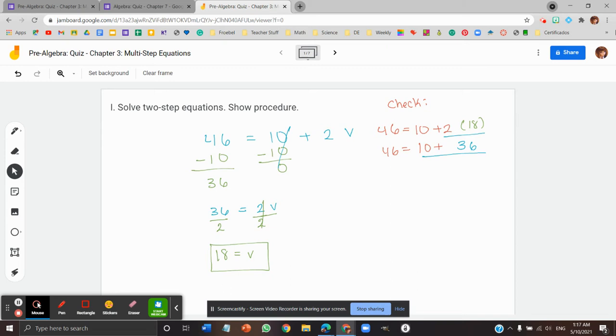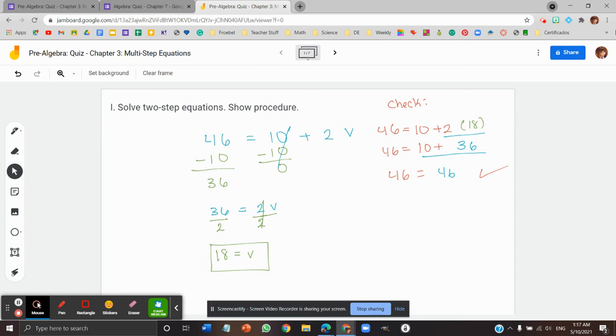And I have 10 plus 36, and 10 plus 36 is 46. And as you can see, 46 equals 46. That is a very true statement. That is a true statement. Therefore, I did it correctly.